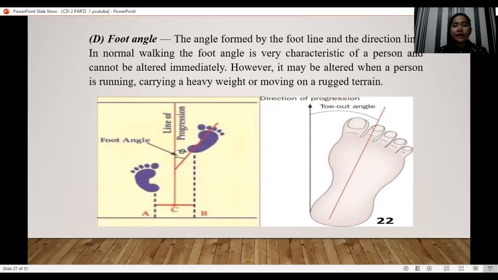However, it may be altered when a person is running, carrying a heavy weight, or moving on a rough terrain. So, saan ba yung foot angle natin? From this point and this point, ito yung foot angle natin, yung parang may curve line.